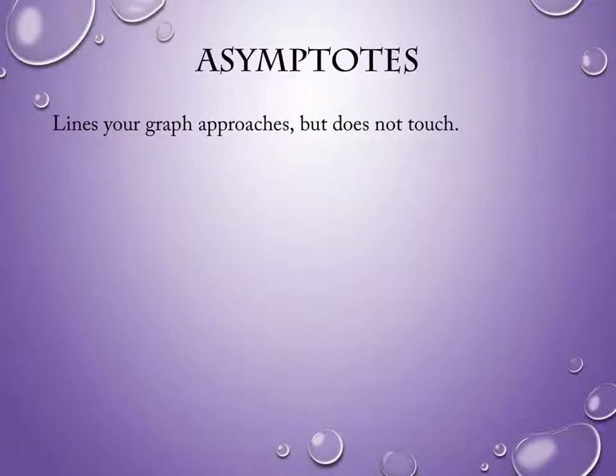This is a super fluffy kind of definition, but for our purposes it will serve us well. Asymptotes are lines that our graph approaches but does not touch.